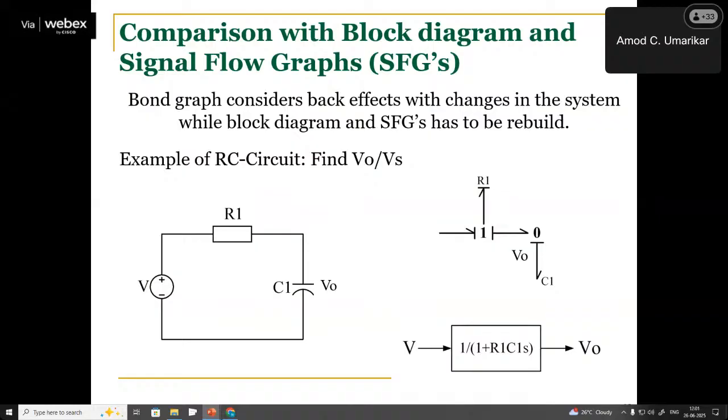Okay. There is one more advantage. Let's say you have an example of an RC circuit, find V0 by Vs, right? So what will the block diagram be? V0 by Vs is nothing but... If you completely write it, this is a bond graph, and this is a block diagram, correct?